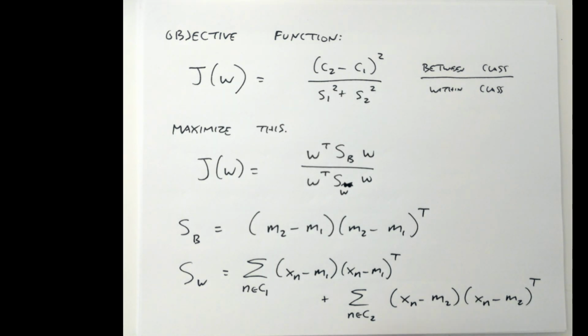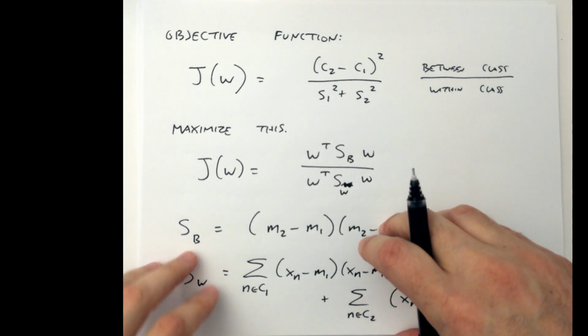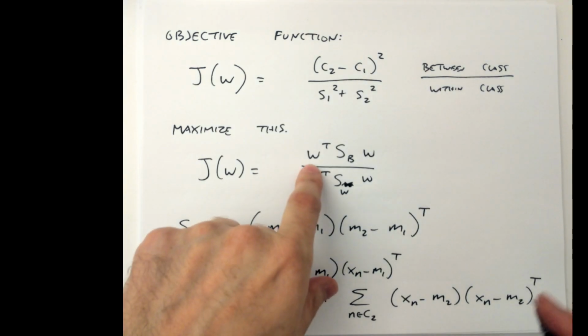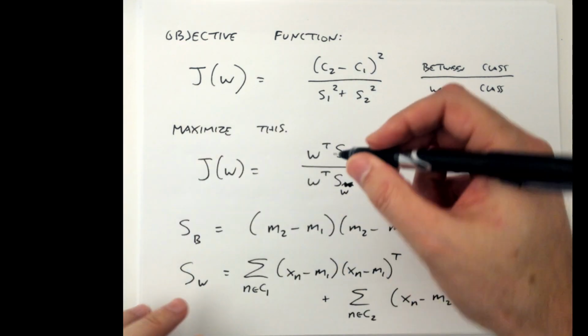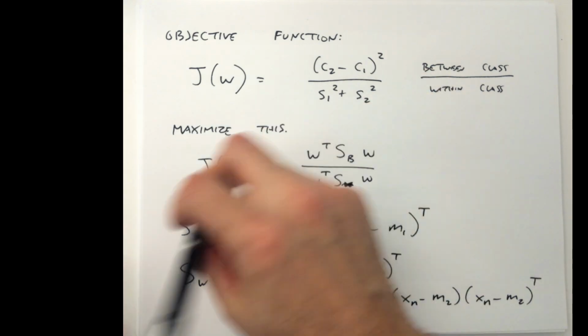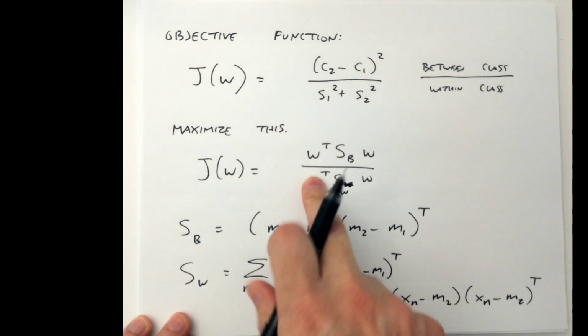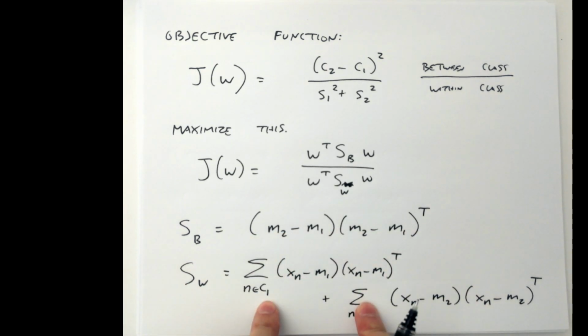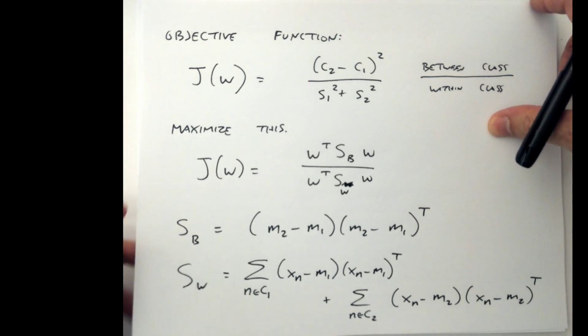So I can show that to minimize this as a function of W, right? So here, these are where the W's are. These matrices don't depend on W. These things do depend on W. And this is, again, a take a derivative and set it equal to 0 kind of situation, and I'll just tell you what the answer is.